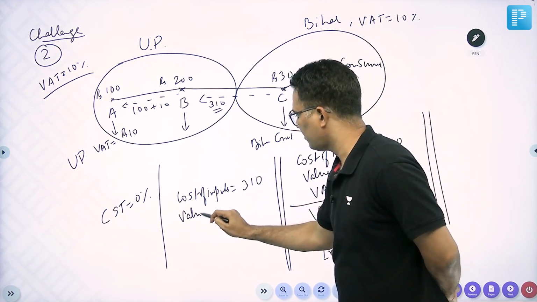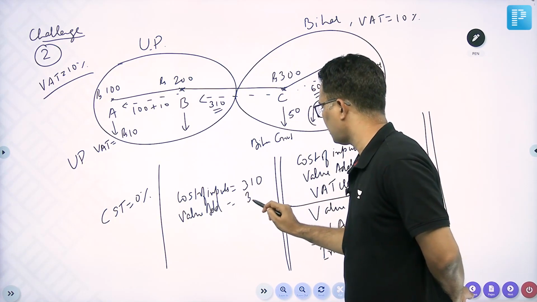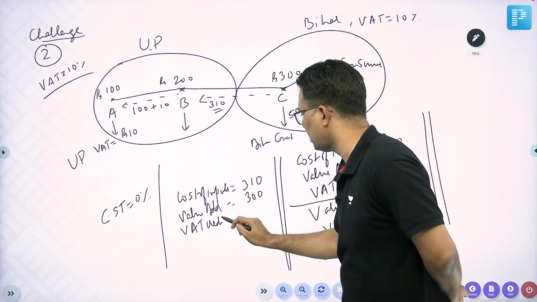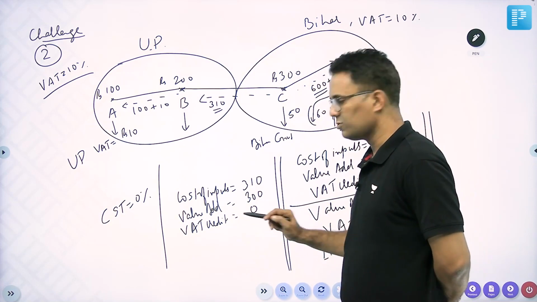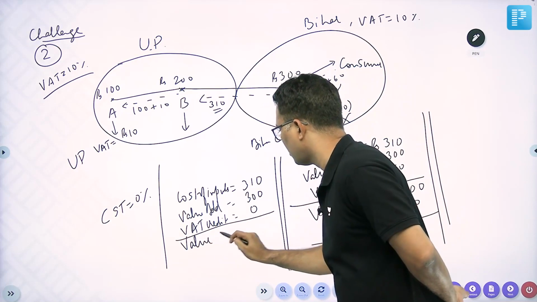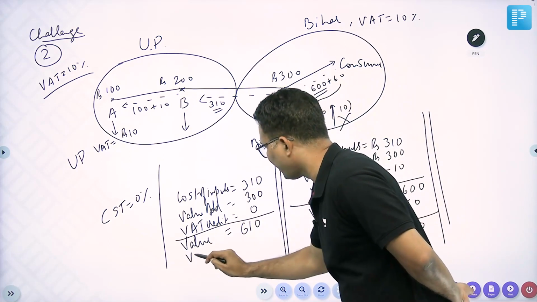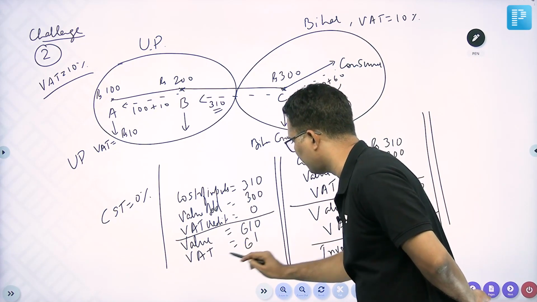Value addition by C, 300. VAT credit: he knew he will not get the credit, so VAT credit is 0. So the value will become 610. VAT will be imposed on 610, that means 61.